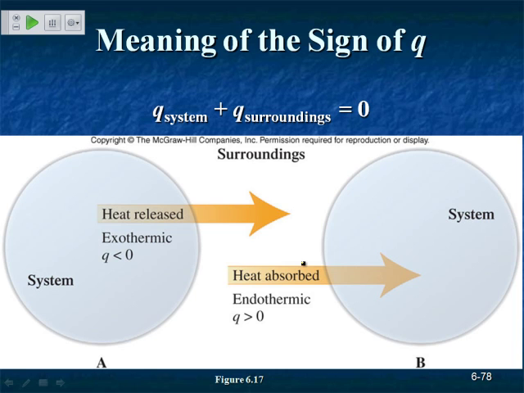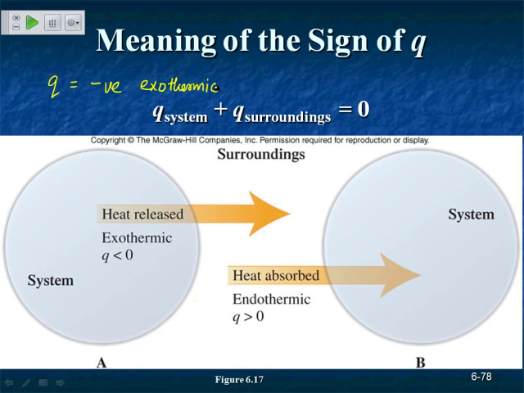Heat is released means exo, heat out, exothermic. Let me write that down right here. So if Q is negative, that means an exothermic reaction.